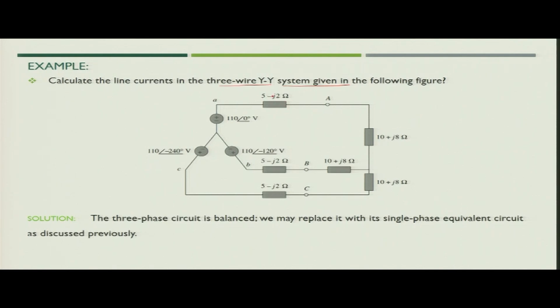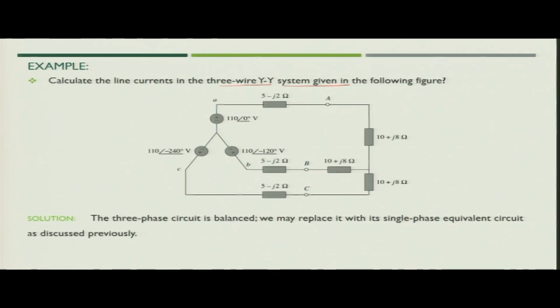Line impedance is 5 minus J2 in all the 3 phases, and load impedance is 10 plus J8 ohms. You will see that the load is also star connected and it is connected to the star connected source. We are not connecting the neutrals because the system is balanced.